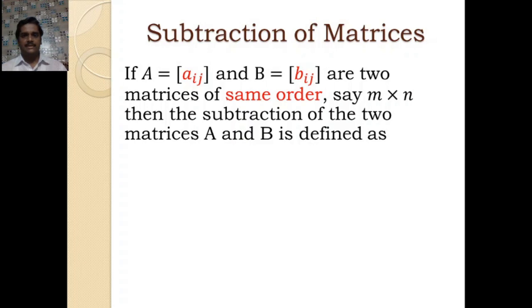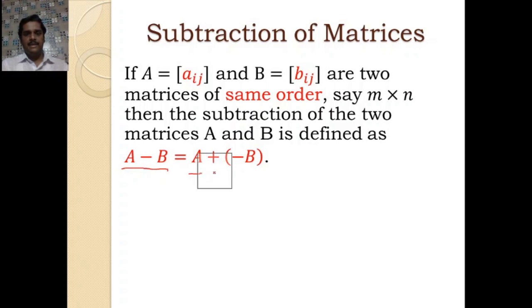Then the subtraction of the two matrices A and B, A minus B, is defined as A plus minus B. So what I want to say is, to get A minus B, we get this minus B first. Minus B is what? Negative of B.